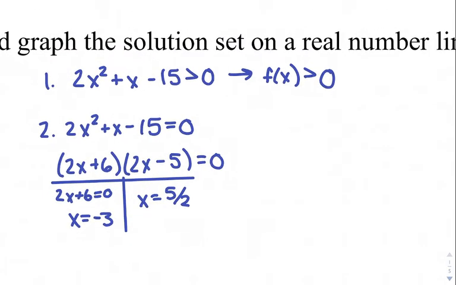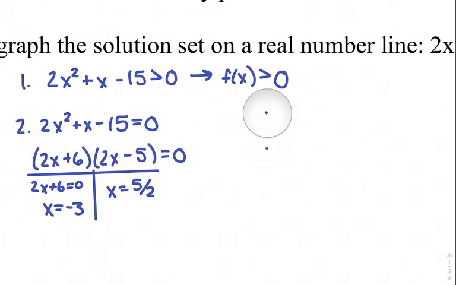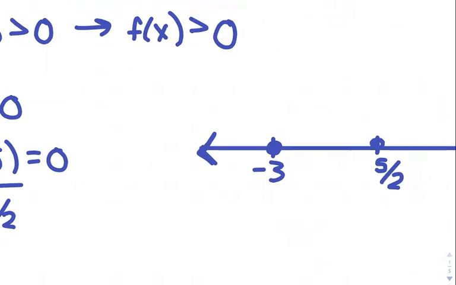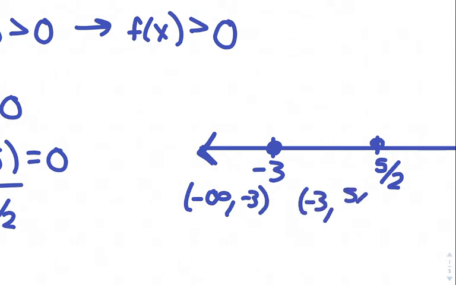What that means is, if you think about a number line, it goes from negative infinity to infinity. At negative 3 and at 5 over 2 is where I'm going to stop my points. So the first interval is from negative infinity to negative 3. The second one is from negative 3 to 5 over 2.